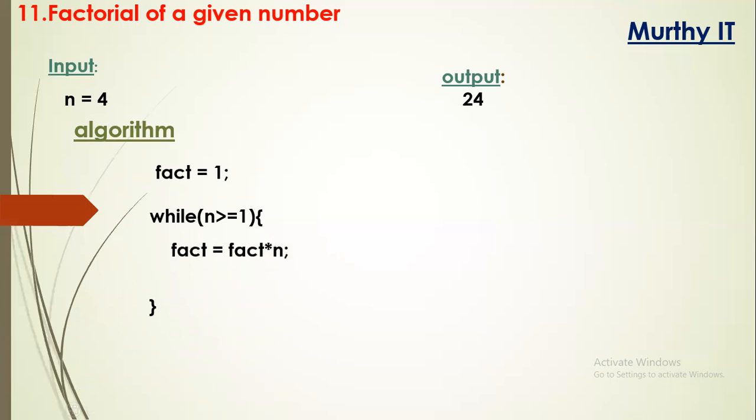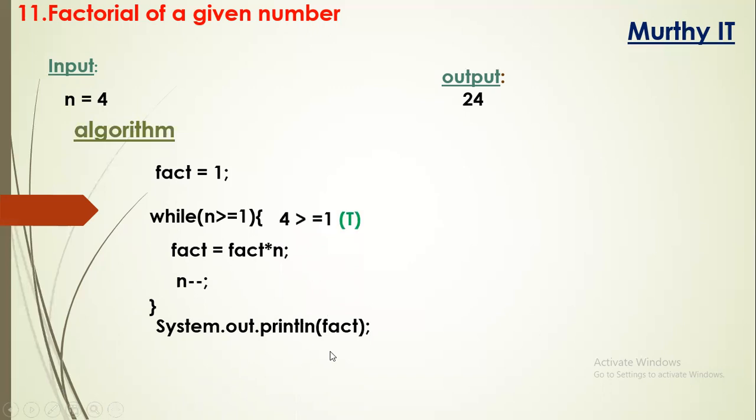So I am taking here fact equal to fact into n, and n minus minus. Okay, simple. The logic is, first n value is 4. Finally we'll print the result after executing all the iterations. So I'm printing the final result.